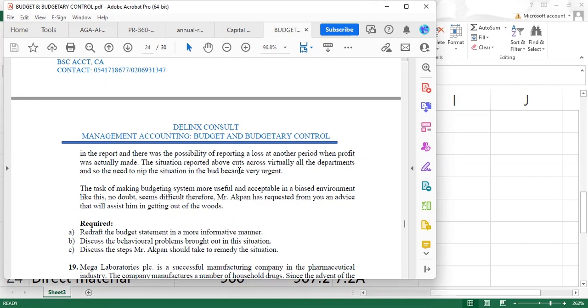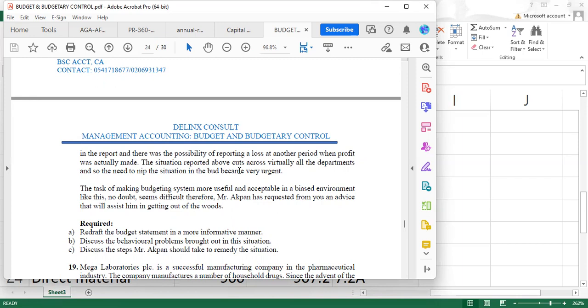People feel that they are not part of the development process, the budget setting process, so they will not be willing to get involved. There will be an issue of demotivation.